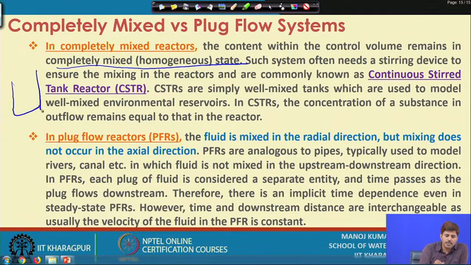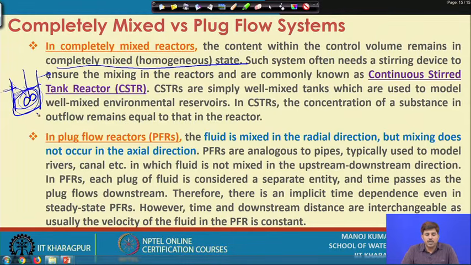You have a reactor, okay. Let us say it could be a batch process or continuous flow process. So, there is content coming into the system, how will you ensure that whatever is there in the reactor is homogeneously mixed? For that you often need a mixing device, okay. You need a stirring device, so that ensures that the content in the reactor is completely mixed.